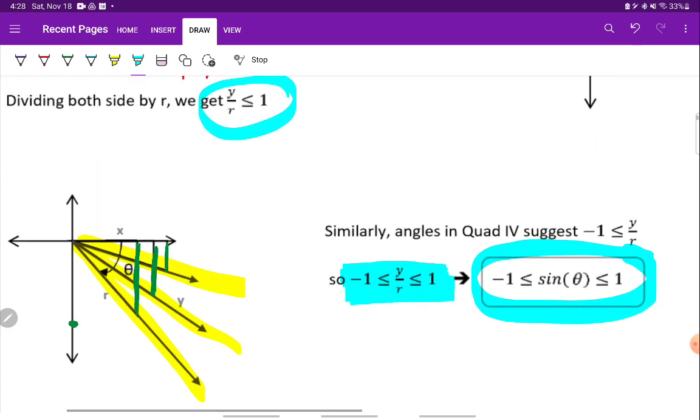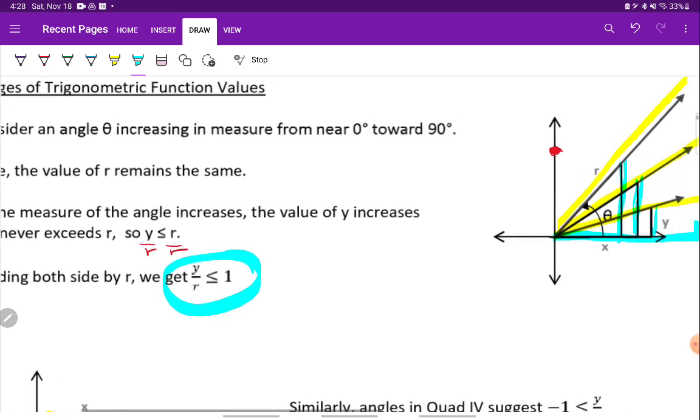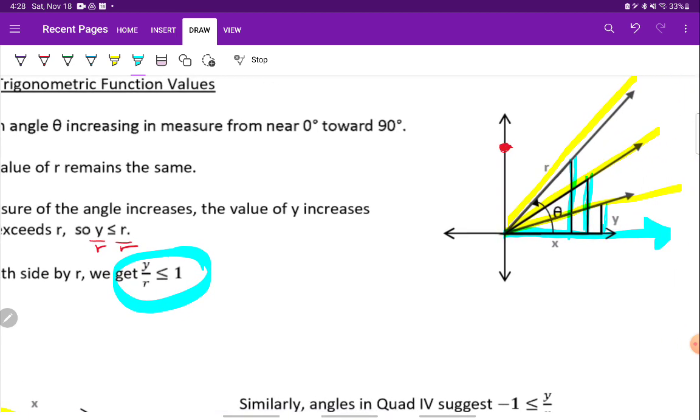As these triangles were transforming, and the Y value was getting taller, we can see on both diagrams that the X value was shrinking. It started out big on this first triangle, and then it got shorter for the next triangle, and then it got shorter for the next triangle.